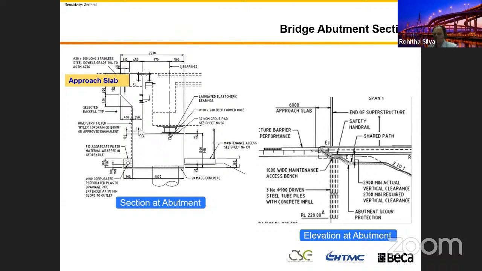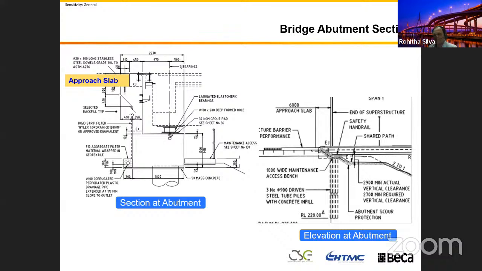This is one of the typical abutment structures we use in good ground, because in this structure we support the bridge, and that structure should be able to attach the approach slab. Therefore, we need to have a wall on the top, where the approach slab sits, to get this level difference. The approach slab thickness is 350, and the thickness of the girder and the abutment is about 2 meters, or 1.7, I should say.